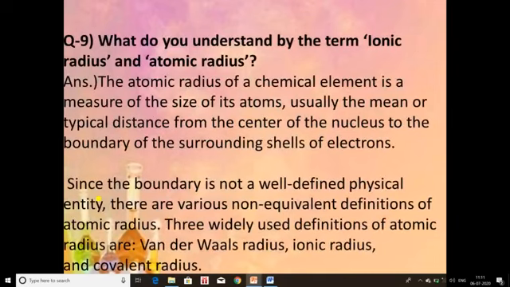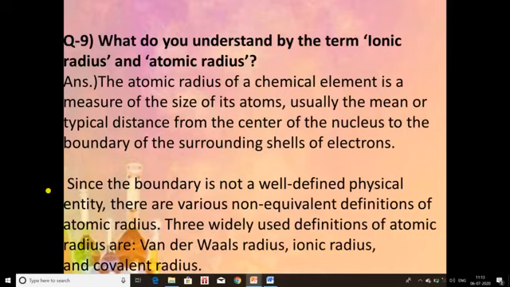Now we will discuss questions which were given in the last lecture. Question number 9: What do you understand by the term ionic radius and atomic radius? The atomic radius of a chemical element is a measure of the size of its atom, usually the mean or typical distance from the center of the nucleus to the boundary of the surrounding shells of electrons.